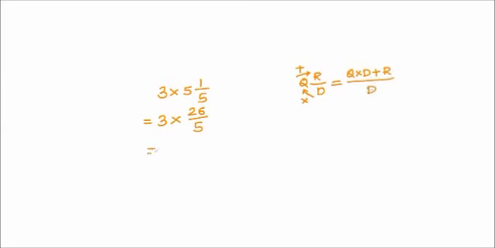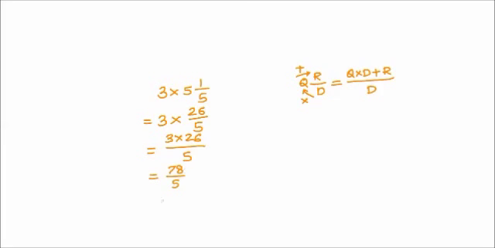Now here it will become 3 into 26 upon 5. I do not see any common factor because 26 is not divisible by 5. 3 also is not divisible by 5, or 5 is not divisible by 3. So we directly do the multiplication. 26 3s are 78. So 78 upon 5. This is an improper fraction because the numerator is greater than the denominator.